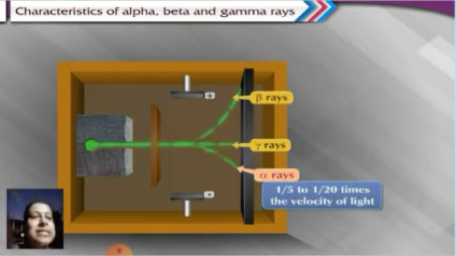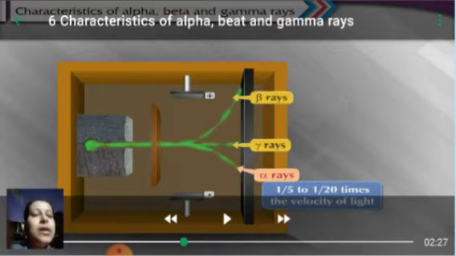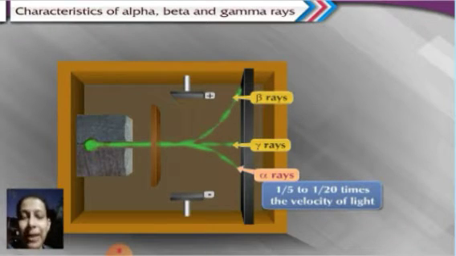Then the velocity: how fast they are going, how fast they can penetrate, how fast they can travel. You have learned about the speed of light. You know the speed of light is around 3 lakh kilometers per second. So how much is the speed of all these rays in comparison with the speed of light, we will come to know right now.